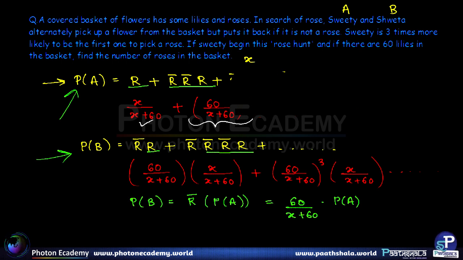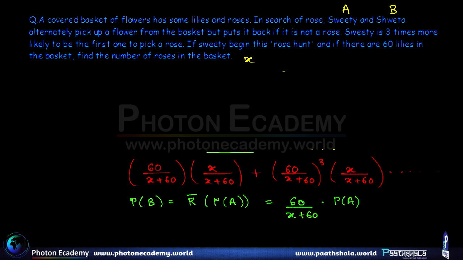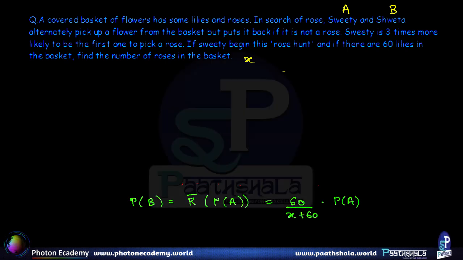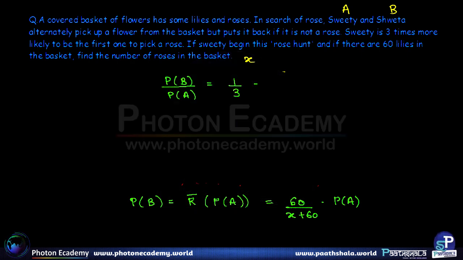Now at this point we will use the extra information that they gave, that the probability of A winning is 3 times more than the probability of B winning. So in that case, the probability of B upon the probability of A is equal to 1 upon 3, which is equal to 60 upon x plus 60.